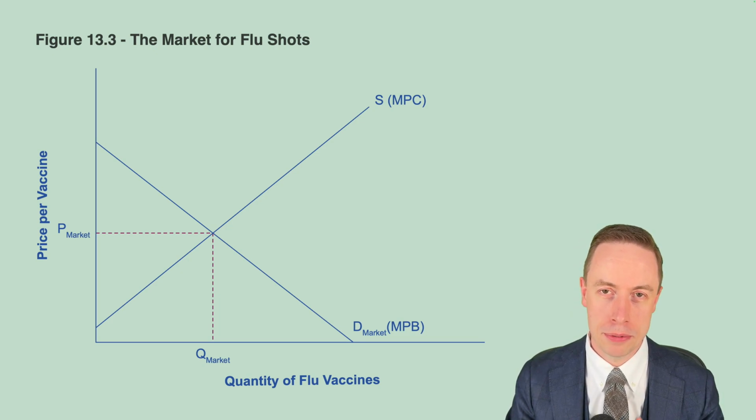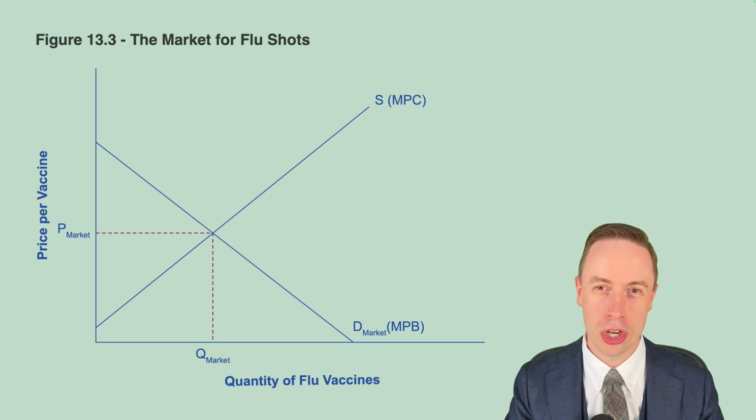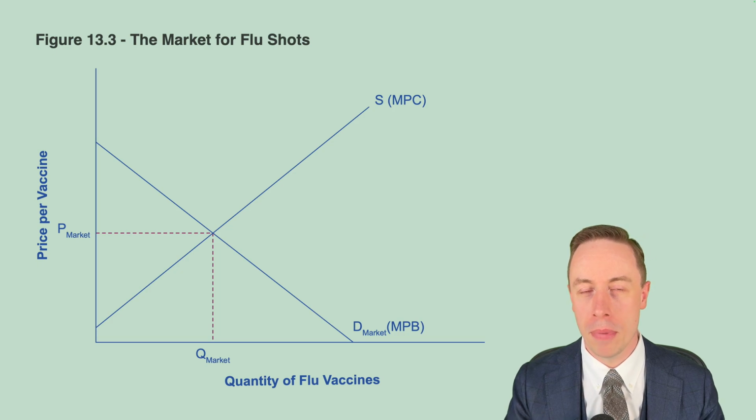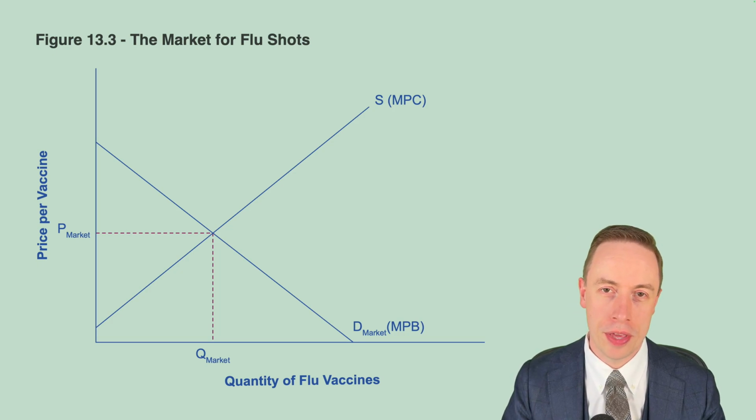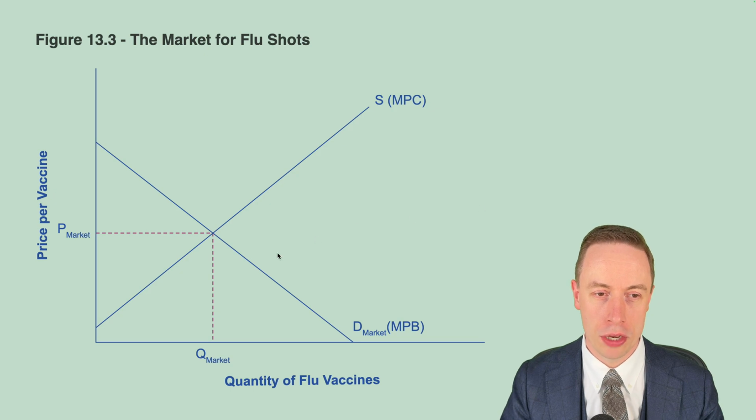So in the absence of any additional sort of encouragement to get that flu shot, we of course expect a market outcome which will be formed by the equilibrium of the supply curve, representing the marginal cost of production of a flu shot, and the demand curve, which of course only represents the private benefit of these flu shots, right?